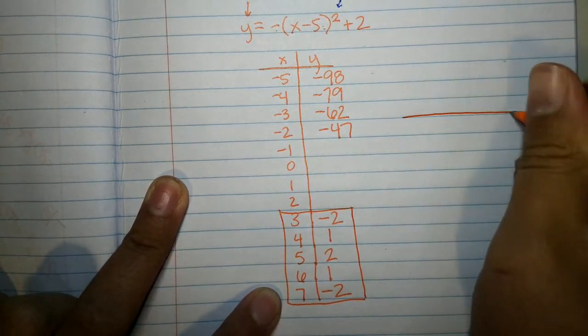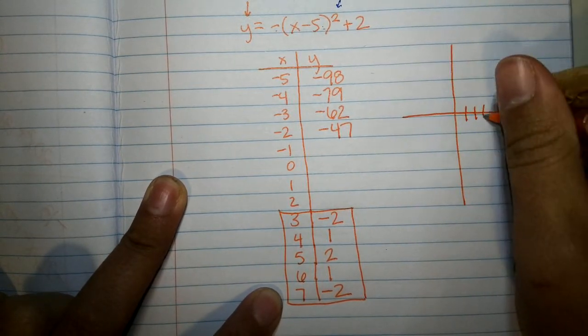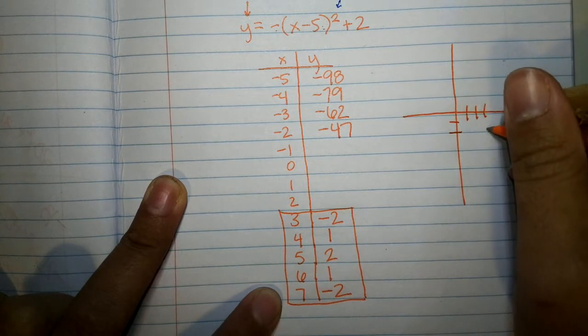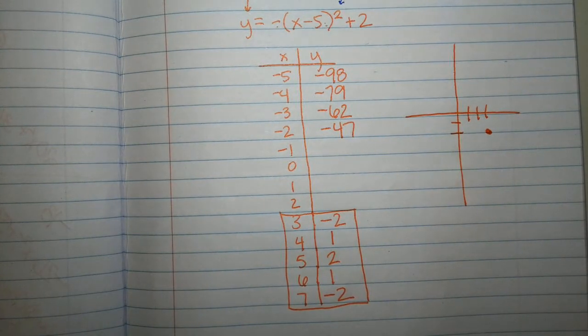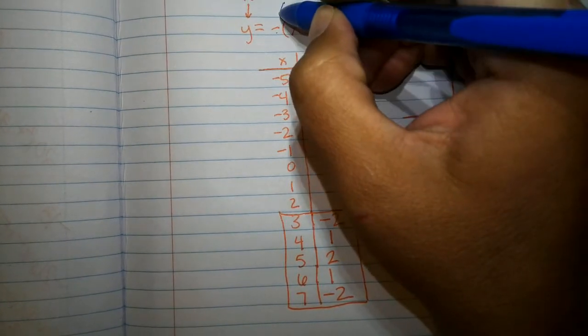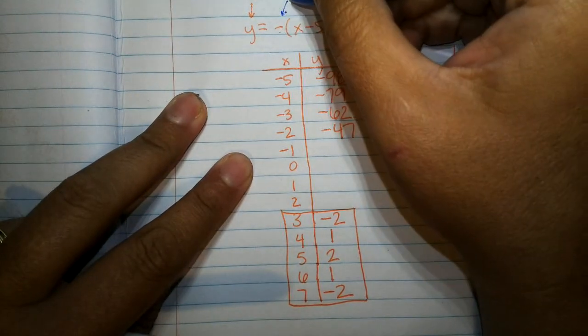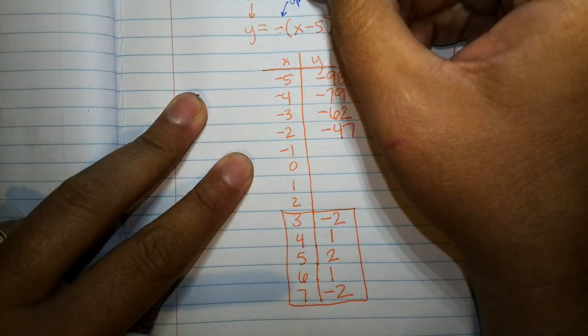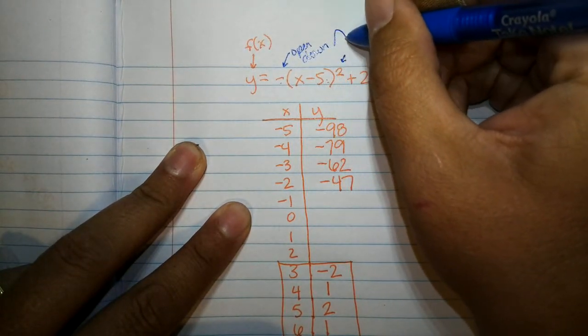So I'm going to graph 1, 2, 3, 1, 2. Now, here's my question. Is this graph going to go up or is this graph going to go down? Well, this negative symbol out front tells us if it's a negative, it's going to open down, which means it's going to go that direction.